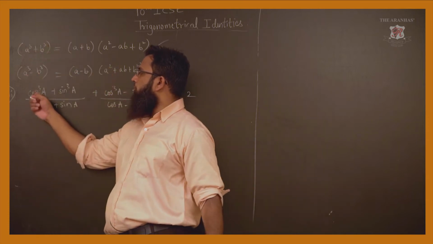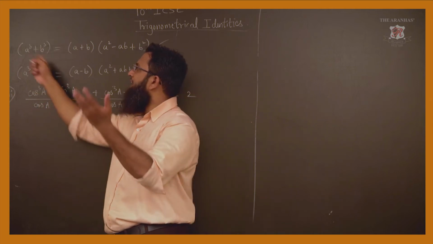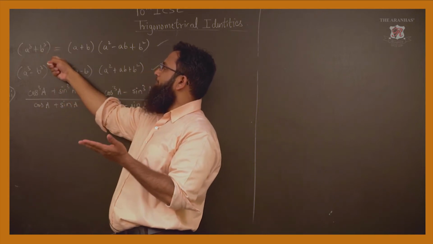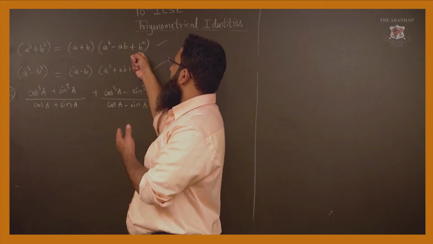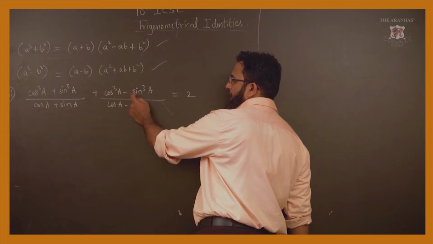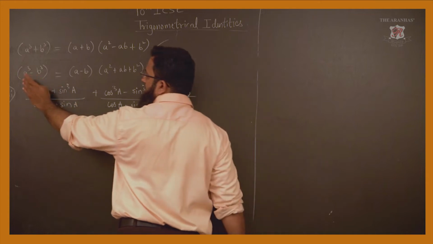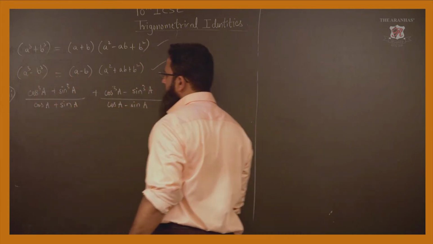Can you see, cos cube A plus sin cube A resembles A cube plus B cube, and you are aware of the formula A cube plus B cube is A plus B into A square minus AB plus B square. Similarly, I have cos cube A minus sin cube A, which matches with A cube minus B cube, which is A minus B into A square plus AB plus B square.